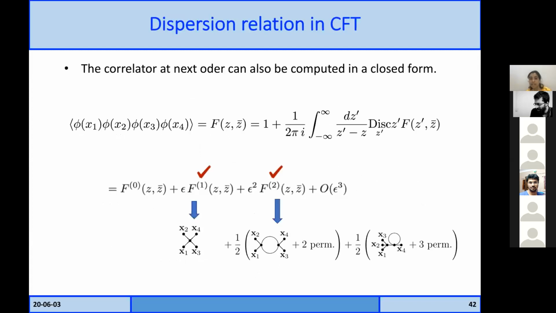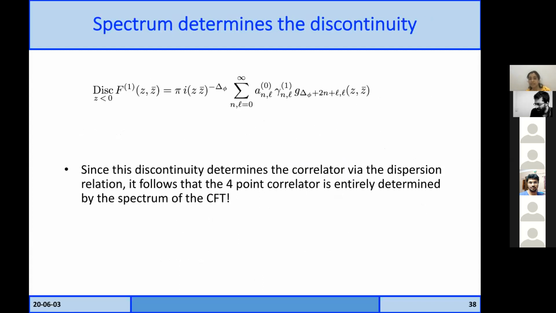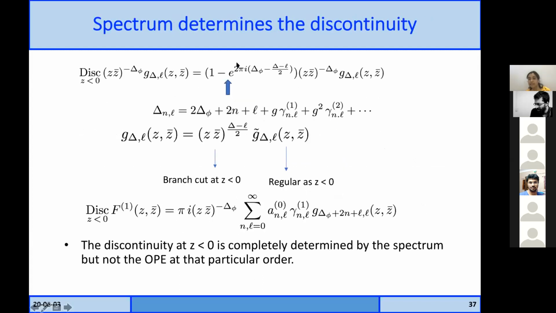But here, going to the next order, that doesn't hold true if the dimension is such that this whole thing is an integer. I understand. You are saying that if delta phi equals some integer.